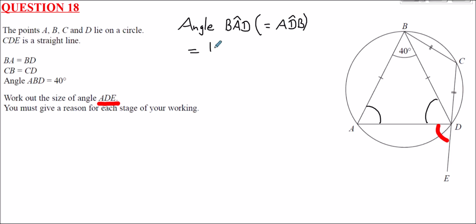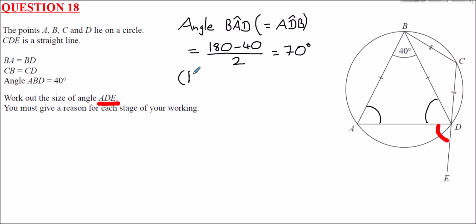That's going to be 180 minus 40, so 140 degrees left for these two angles in the triangle. But because it's isosceles, the base angles are the same. So this angle and this angle will be equal. So we then divide that by 2, and that gives us 70 degrees.